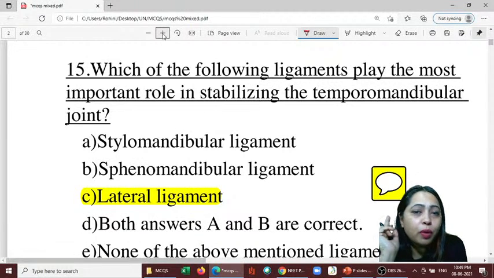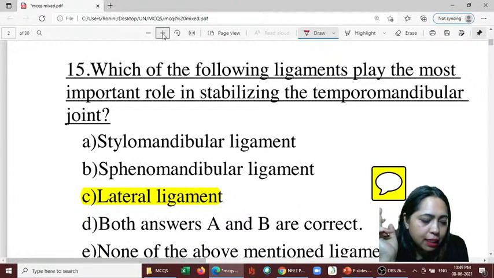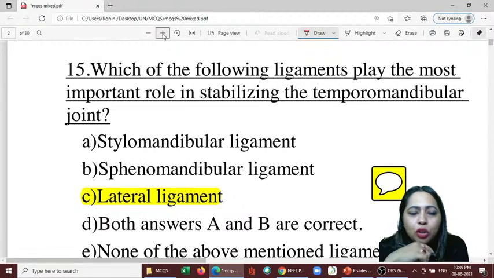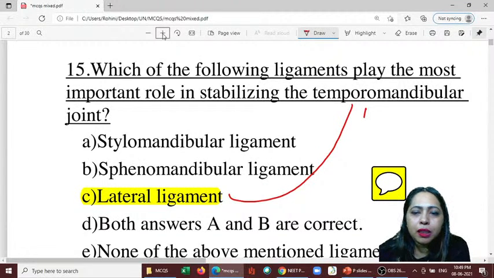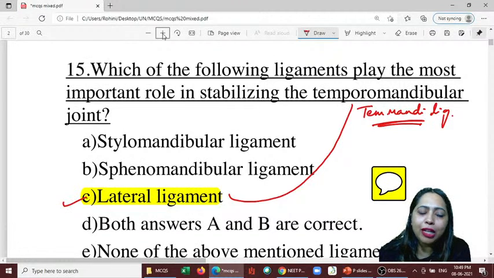Now, I told you the one which prevents the dislocation. Which one prevents the dislocation? The other name for this is temporomandibular ligament. That's also called lateral ligament.